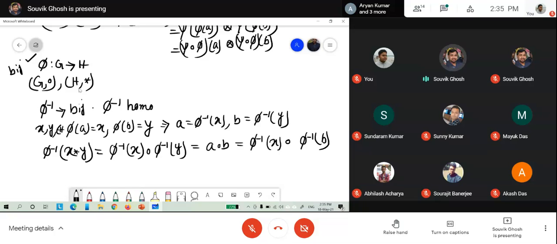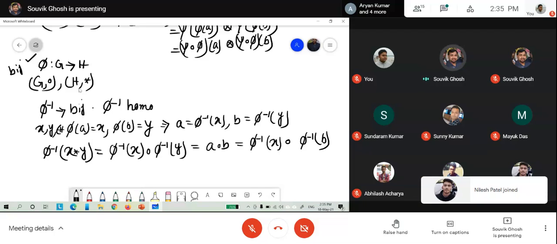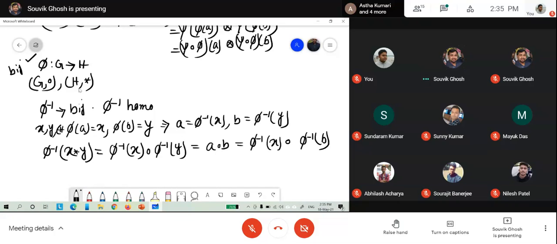So we have proved that the inverse function, which is defined from H to G, satisfies the properties of homomorphism. So this is a homomorphism. Since this is a bijection and a homomorphism, we can say that this phi inverse is also an isomorphism.